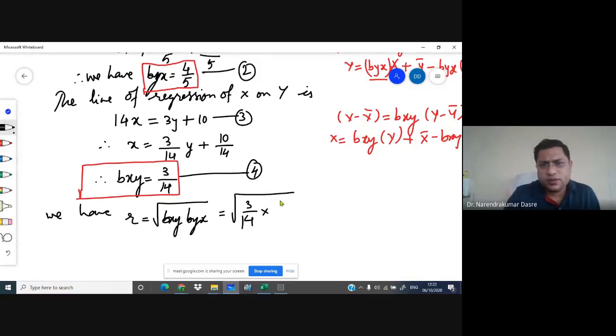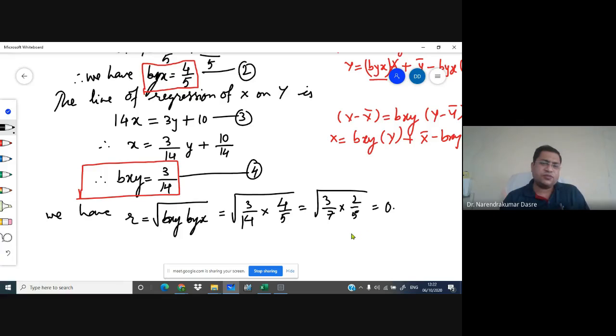So what is the possibility? You can cancel only 2. So it is going to be 3 by 7 into 3 by 5. So give me the value you will get. Definitely it will be less than 1.